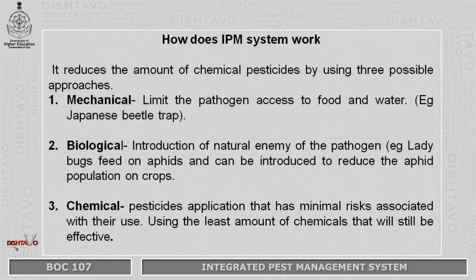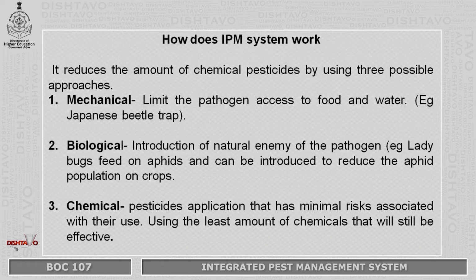Now, how does it work? There are three approaches. The first one is mechanical. In the mechanical approach, the pathogen is limited. The excess of pathogen is limited in its access to food and water from the host. The example is the Japanese beetle trap. Next, we have the biological approach.